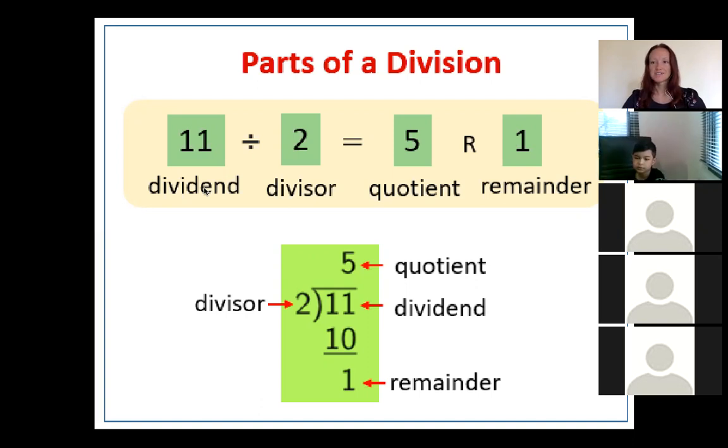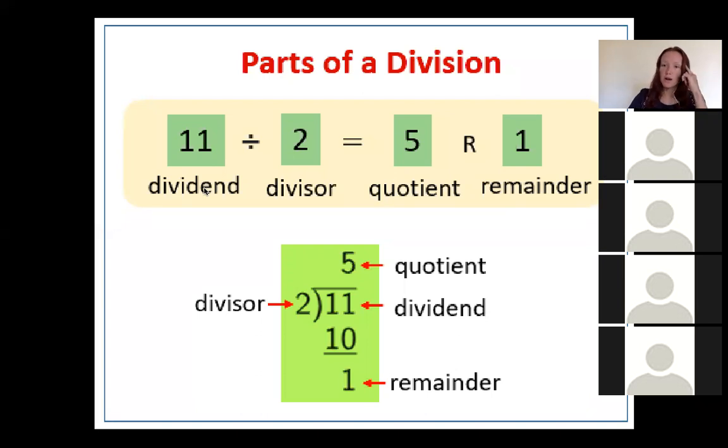Quotient. Good. And as well, we have remainder. Yes, remainder. Do you remember that last year we learned division with a remainder? So that one is in division. Okay, good. You have to memorize that.